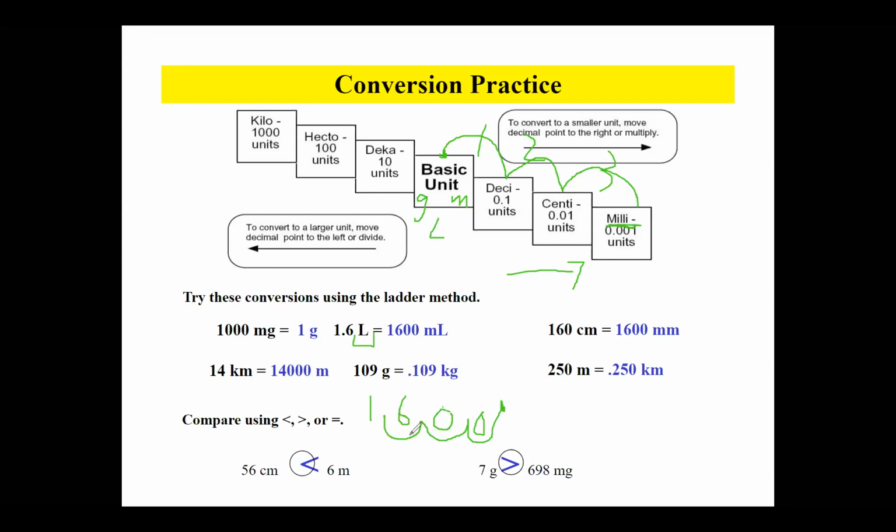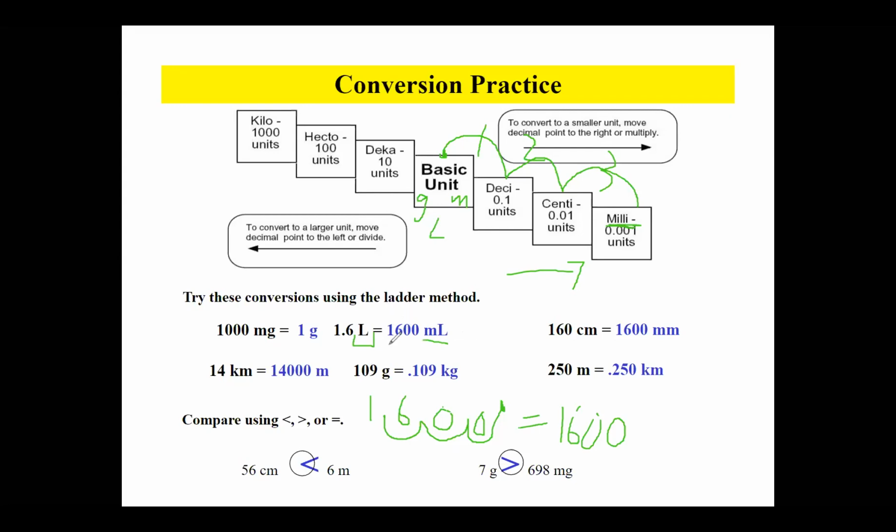So we moved our decimal spot 3 spaces to the right. Now we have 1600 before our decimal. So 1.6 liters gives us 1600, also known as 1,600 milliliters.